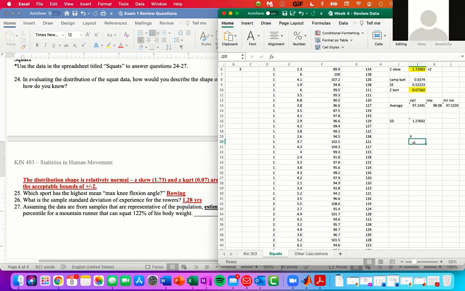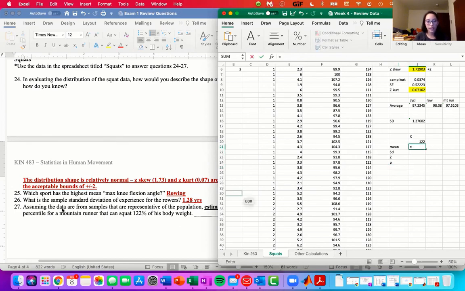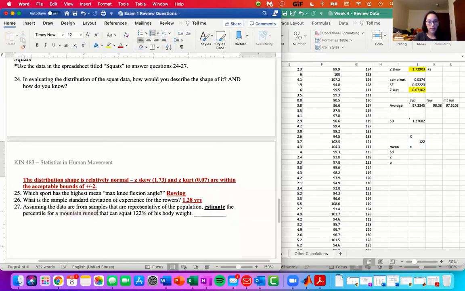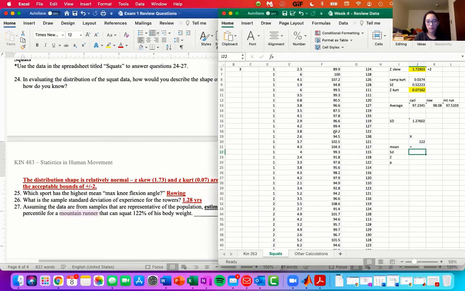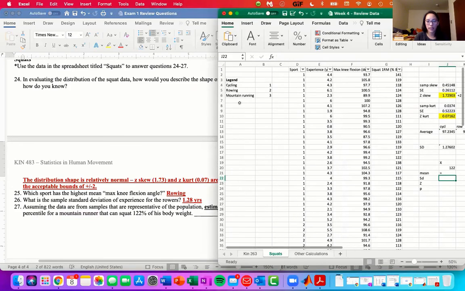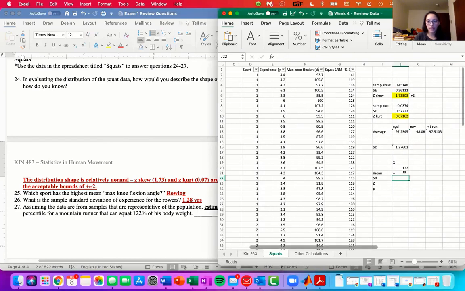Yes. So let's say x is equal to 122, right? And then we need to find the mean and standard deviation. Those go into making our z-score, which then we can look at the z-table to find the probability or percentile, right? And before I get too far into this, we're interested in the percentile for a mountain runner, right? So looking at mountain runners, that is a data label of 3, in terms of what they can squat.